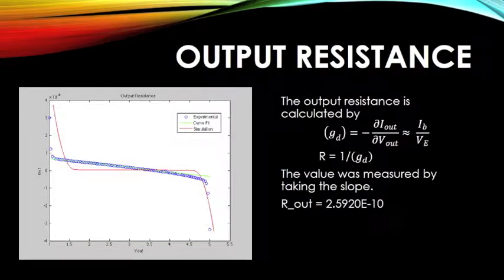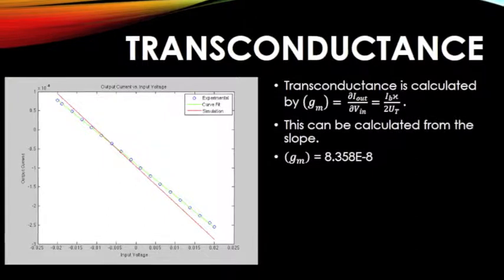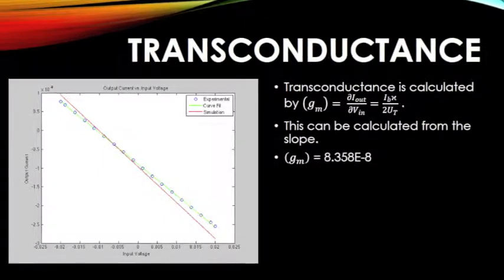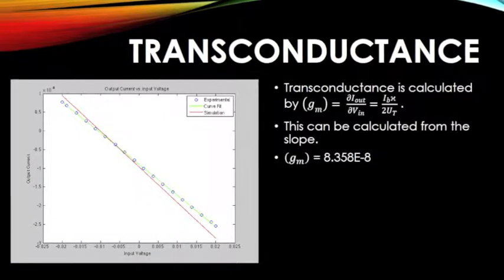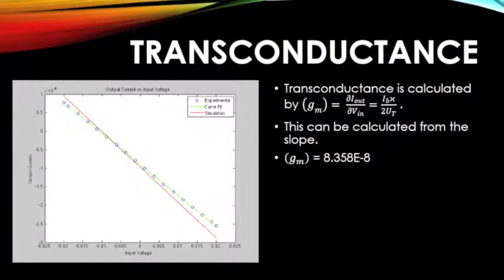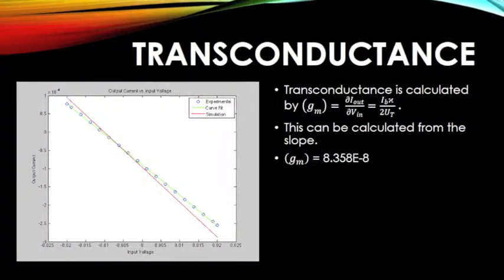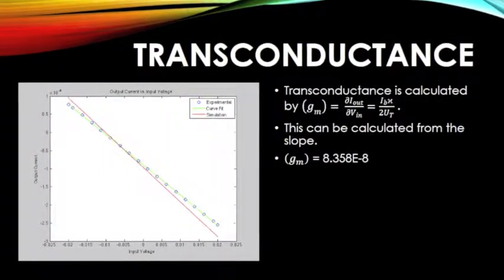The output resistance is calculated by taking the slope of the IV curve of a transconductance amplifier. Similarly, the transconductance can be calculated by taking the slope of the IV curve. The gain, the output resistance, and the transconductance value seem to be closely agreeing with the calculated values.